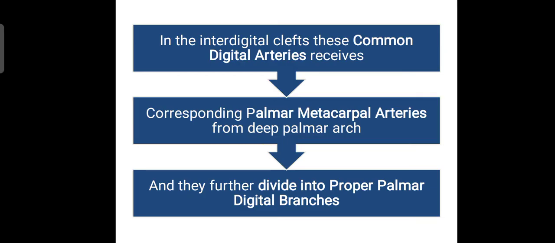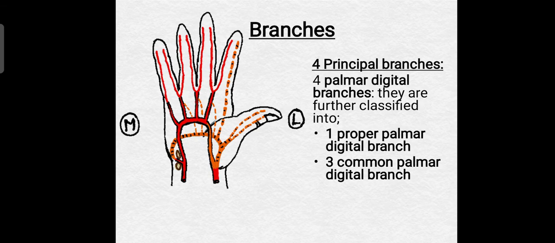So the interdigital clefts between the two digits, there will be a cleft, and it is where these common digital arteries receive three branches. Okay, we have seen the three common digital branches, and if you look closer you can see an orange color representation behind the superficial palmar arch.